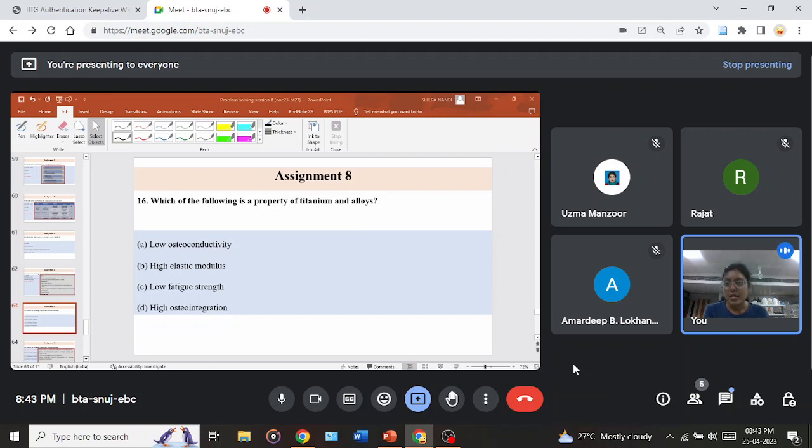Option A is low osteoconductivity, high elastic modulus, low fatigue strength, or high osseointegration. Only one option is correct, which is actually true for the property of titanium and alloys. The other three are incorrect. So can you try to give the answer?